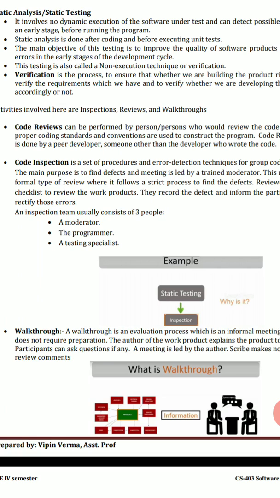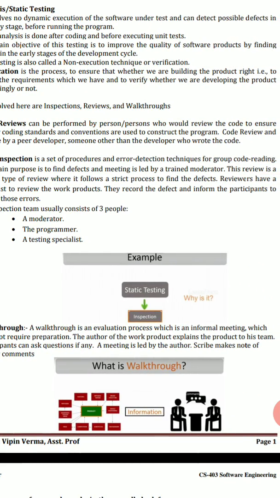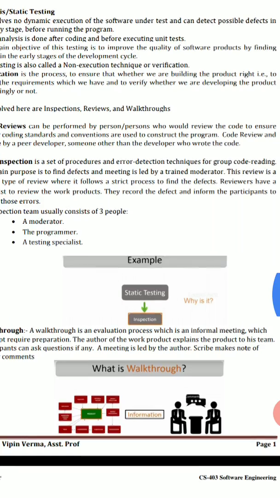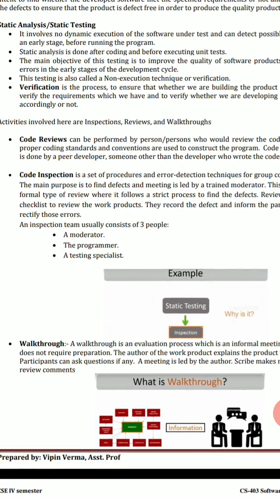Then code inspection is a kind of procedure with error detection techniques for group code reading. In the code inspection method, basically three types of people are required here. The first is the moderator, then the programmer, and the testing specialist.